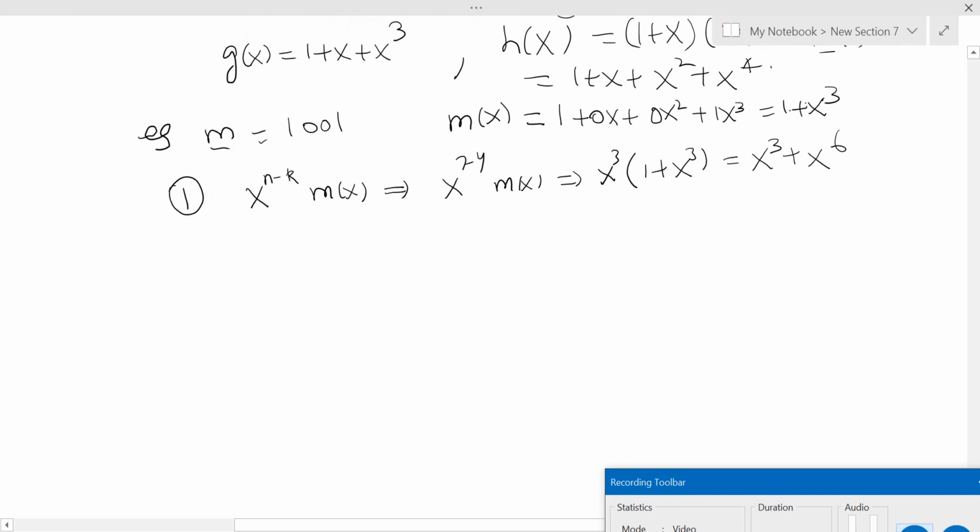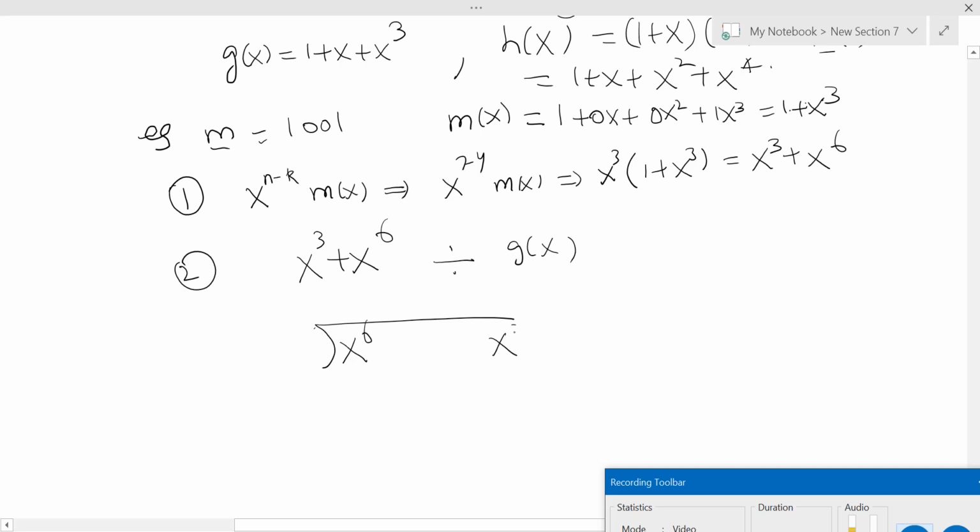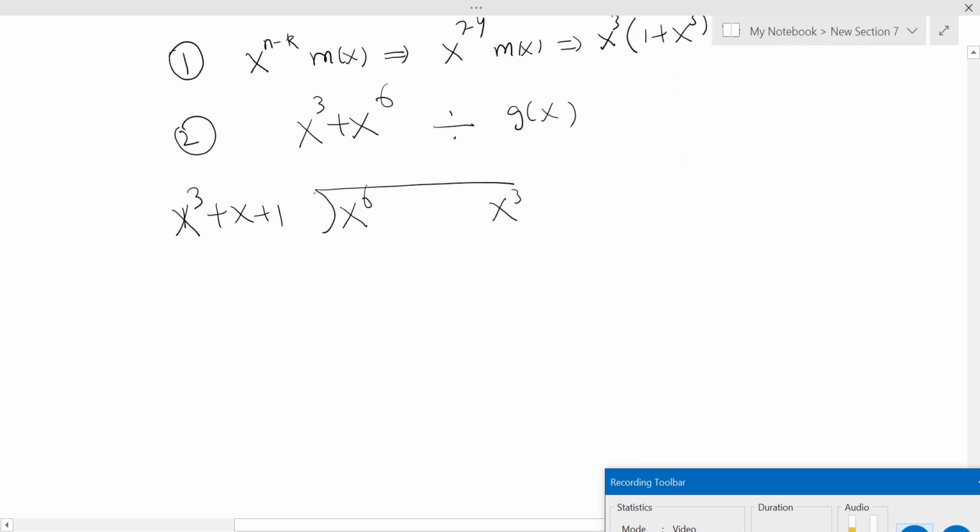Nice. Now the next step is you have to divide this x cube plus x to the power 6 by g of x. Okay, so it becomes like this. Here is x to the power 6, here is x cube, and here is g of x, x cube plus x plus 1. Simple polynomial division you might have done in 9th class, I think.